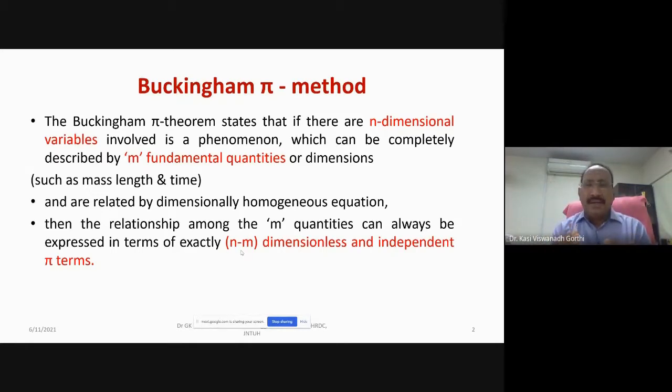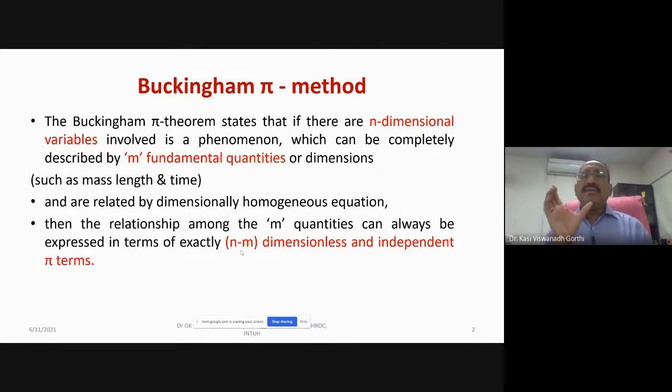There is a physical phenomenon completely described with n dimensional variables, and when you write the dimensional formula of these n variables, you use m primary quantities. If they are related by a dimensionally homogeneous equation, then the relationship among these quantities can always be expressed by n minus m dimensionless independent pi terms.